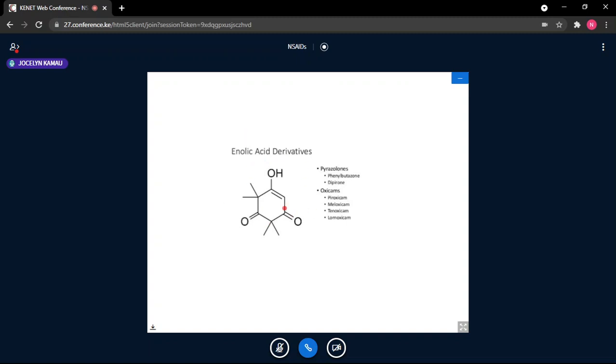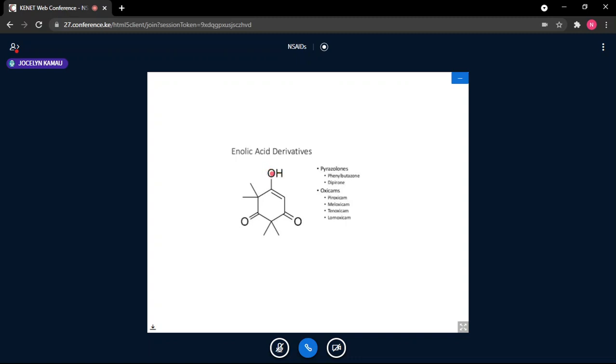Keto-enol tautomerism, and this is a kind of structure. We did mention this when we were looking at the tetracyclines. All we are saying is that if you have this position here as an oxygen, as a hydroxyl group, there is a bond between oxygen and hydrogen.